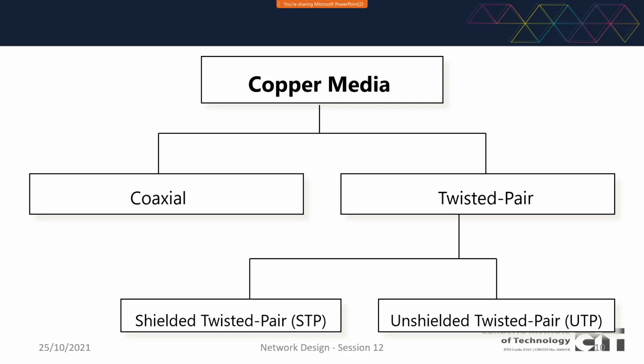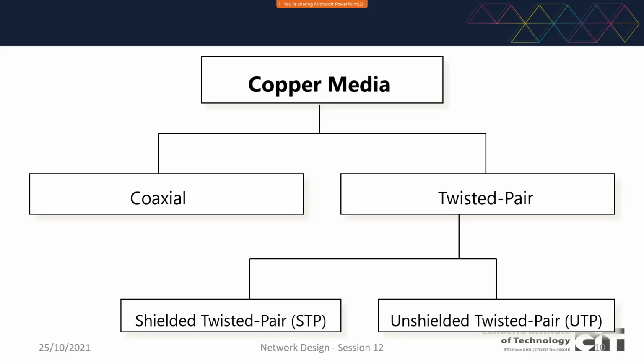We do have two options: shielded twisted pair and unshielded twisted pair. So if you remember from Introduction to Networks, shielded twisted pair and unshielded twisted pair, it all comes down to how resilient to electromagnetic interference they are. With the unshielded twisted pair, we don't have an extra layer of protection against electromagnetic interference.